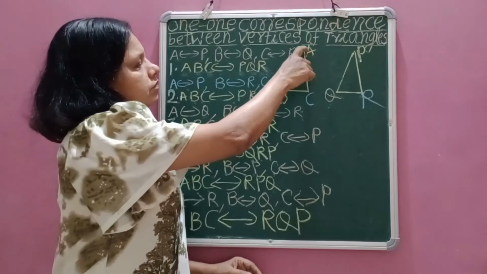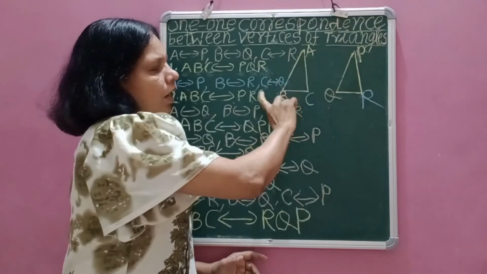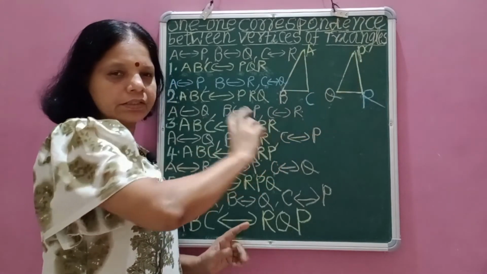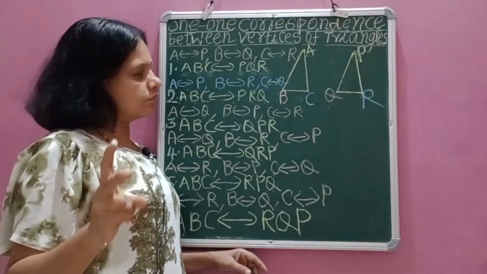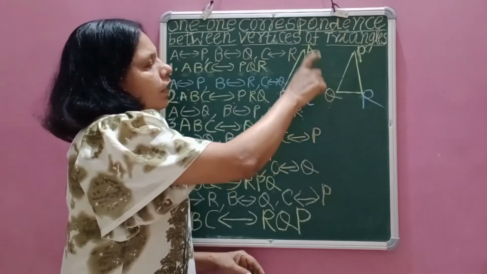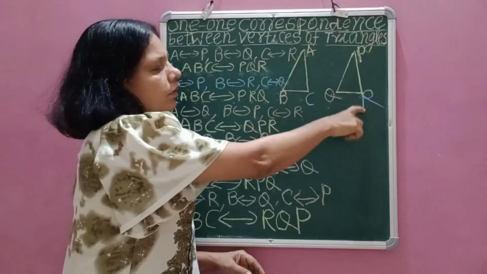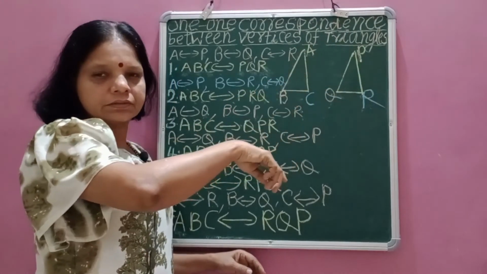Take the vertex A corresponds to P; the other two vertices interchange, and you get two choices. Now take A corresponds to Q, the other two interchange. Then A corresponds to R, the other two interchange.